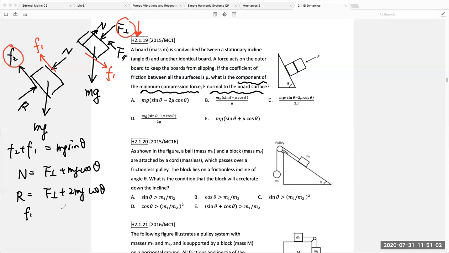Both frictions will attain the limiting value, that means the maximum value they can have. Okay, and then you try to solve these equations. You solve it later on after the lesson, okay?